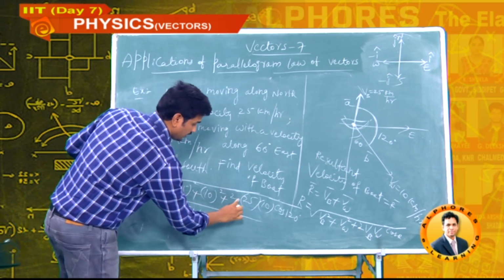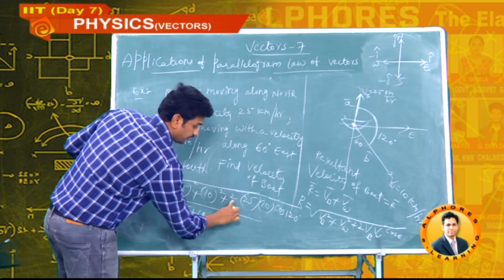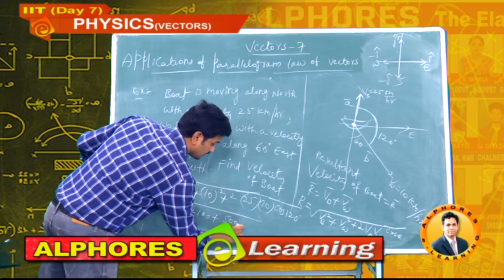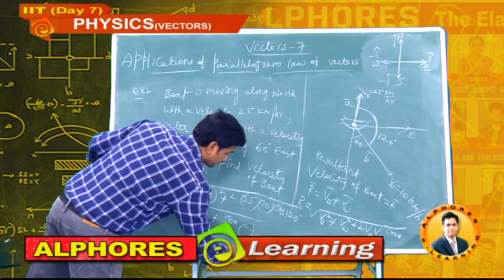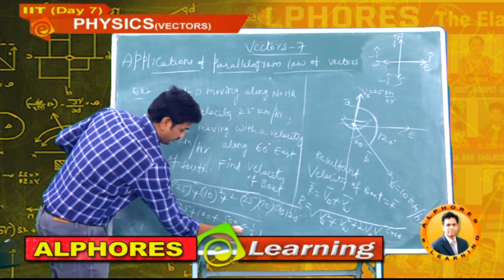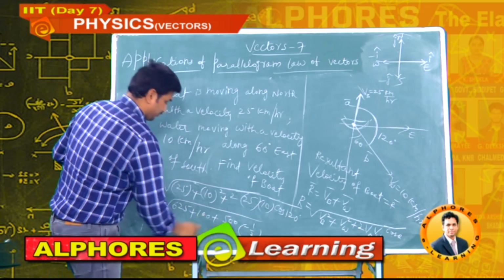See here, 2 into 25 is 50, 50 into 10 is 500, cos 120 is minus 1 by 2. Now it is minus 250, right, minus 250.